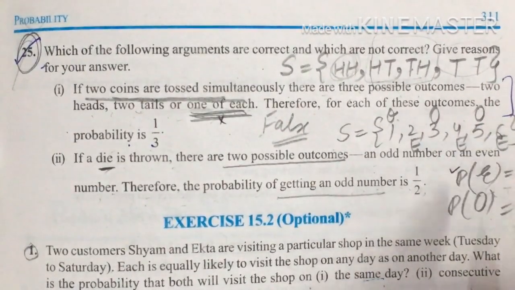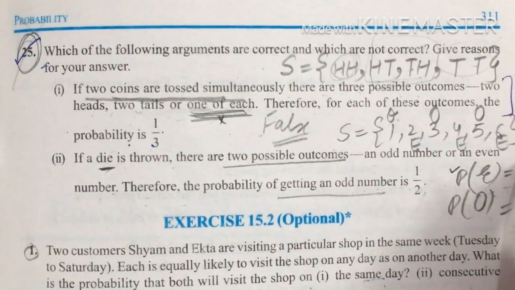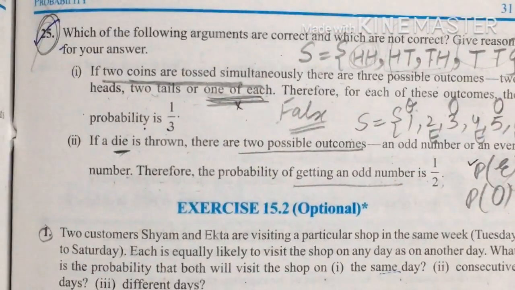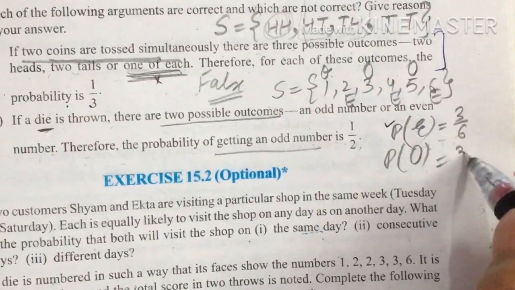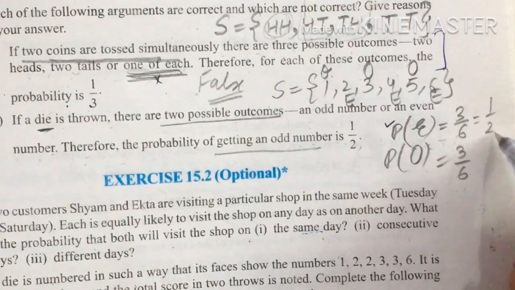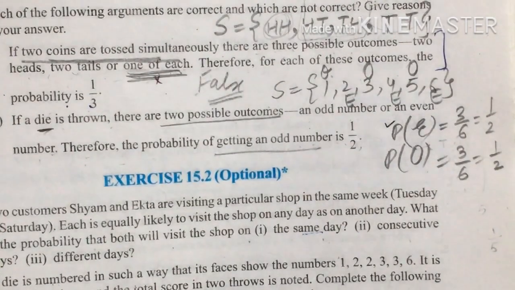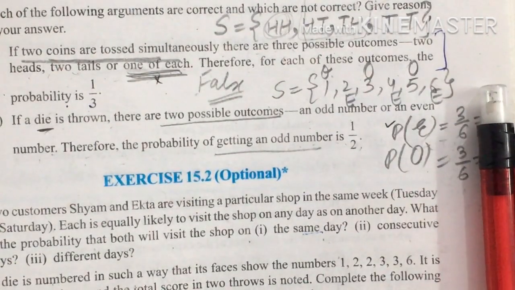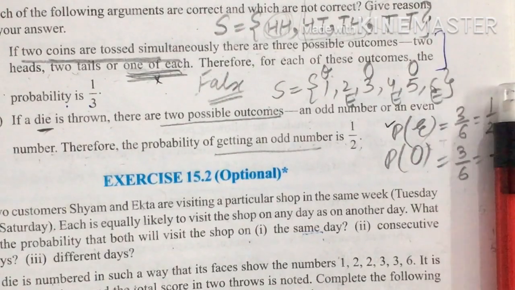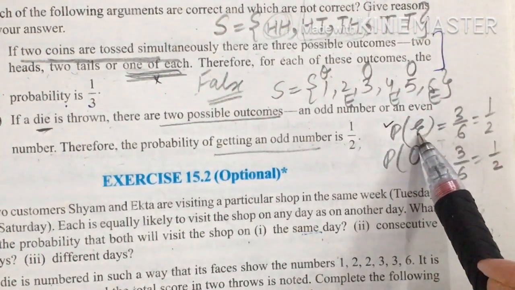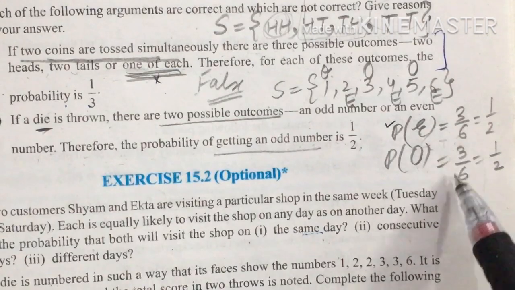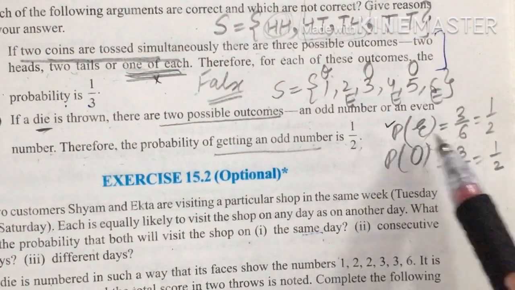So there are 3 odd and 3 even numbers. So the probability for these will be 3 by 6, 3 by 6. So this is 1 by 2, this is 1 by 2. Even if you don't simplify, looking at the probability, you can tell, since the probability of getting an even number and an odd number is equal, these are equally likely outcomes.